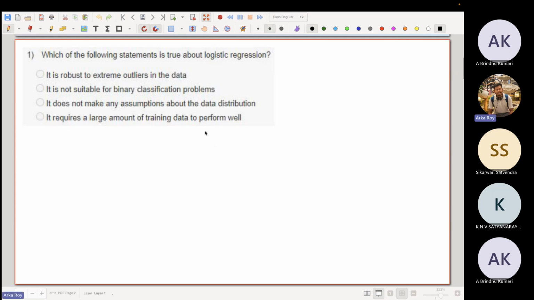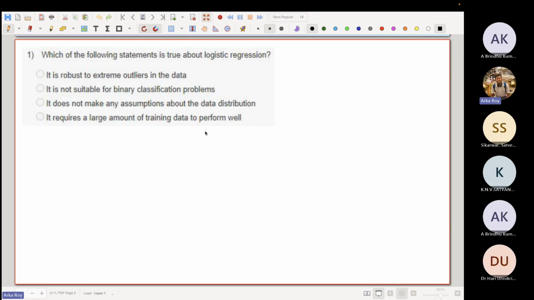The first problem asks which of the following statements is true about logistic regression. In this week, the main content was logistic regression, decision trees, and Markov models. Logistic regression is an extension of linear regression.